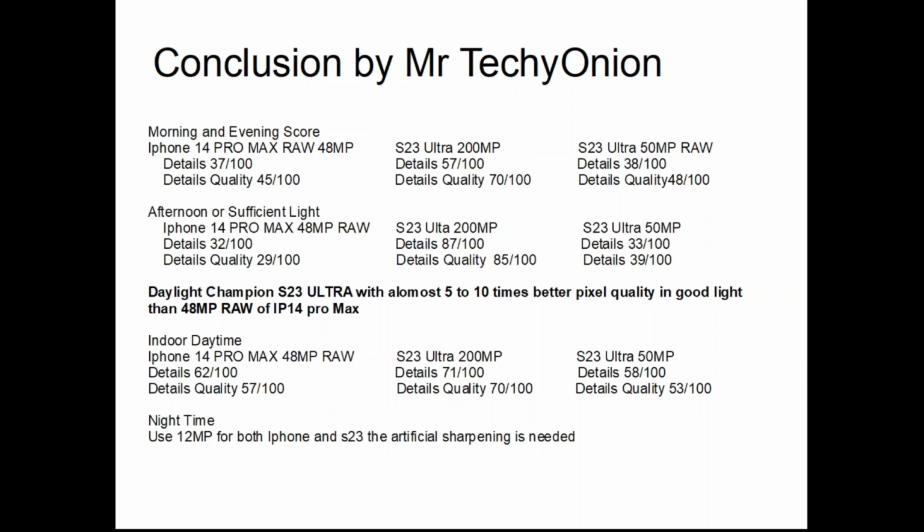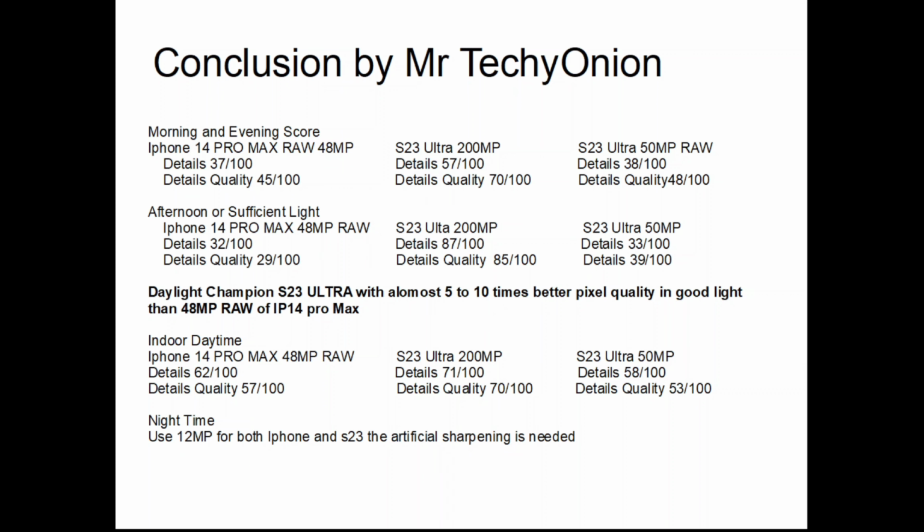Not as good as bright daylight, but decent, I would say. And the S23 Ultra 50 megapixel suffered compared to the iPhone indoors. The details was 58 out of 100. Details quality, I would say 53 out of 100. That was my score. It's a bit less than the iPhone when it comes to indoor.